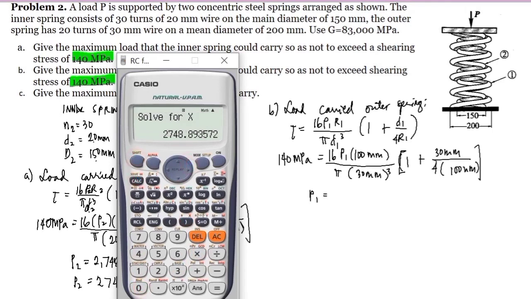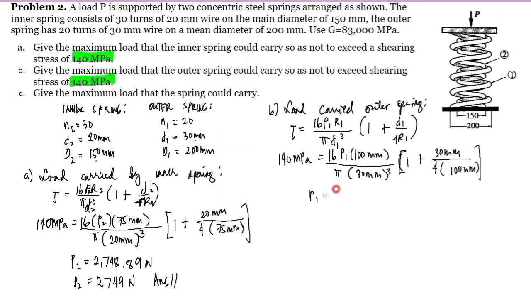Shift solve equals, and we have 6,904.20 Newton. If we approximate this to the nearest whole number, we have 6,904 Newton, and this is our answer.